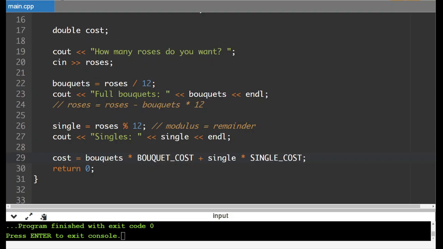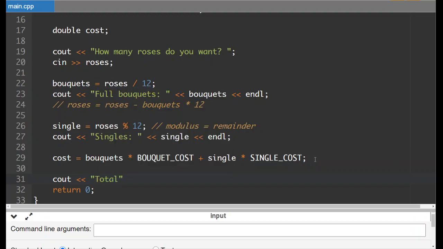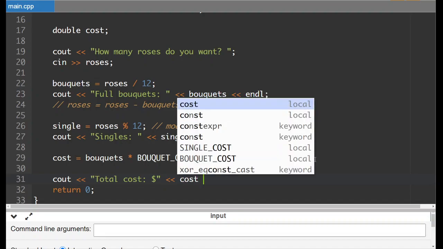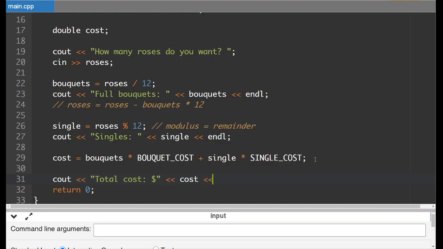So now we need to just display that. So cout the total cost is going to be, put a little $ sign in here, and then I'm going to put the cost. I didn't put tax on, so I know I won't have more than 2 decimal places for this, so I should be safe.